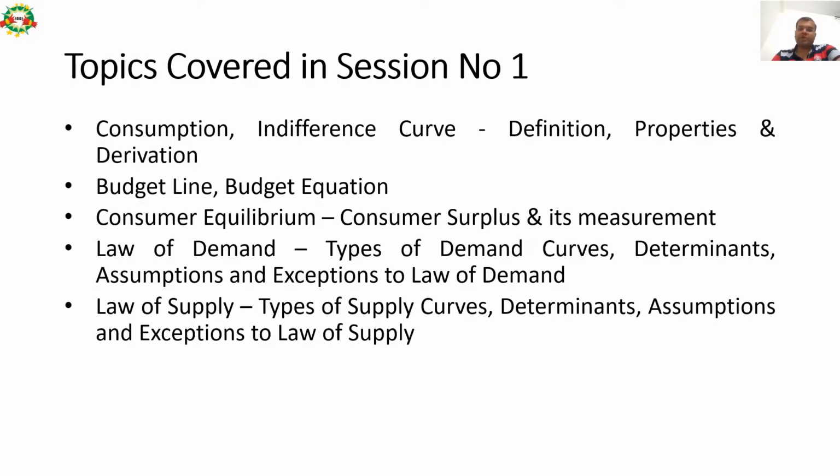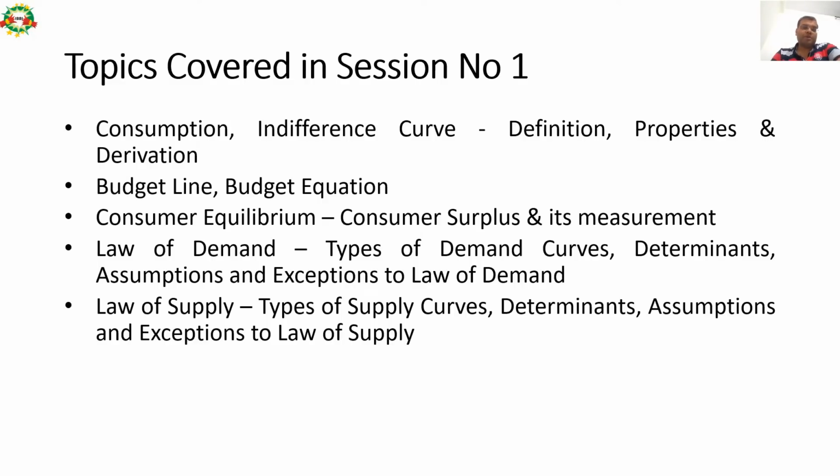So in session number 1 of the current playlist we have already covered consumption, the indifference curve, its definition, properties and derivation. We also discussed the budget line, budget equation, derivation, formulas, table and graphical picture.